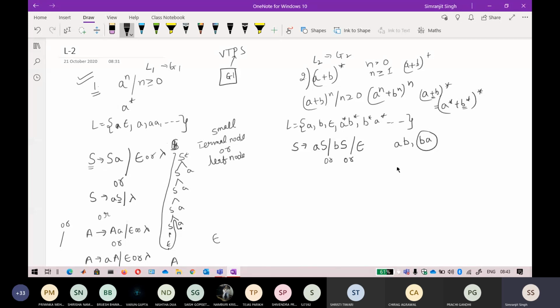If I draw a syntax tree, if you want a single B, you just go with S to BS. And after B, if you want an A, S again goes to AS. Again, if you want to stop it, how can you stop it? Replace this non-terminal with a terminal, that is your epsilon.